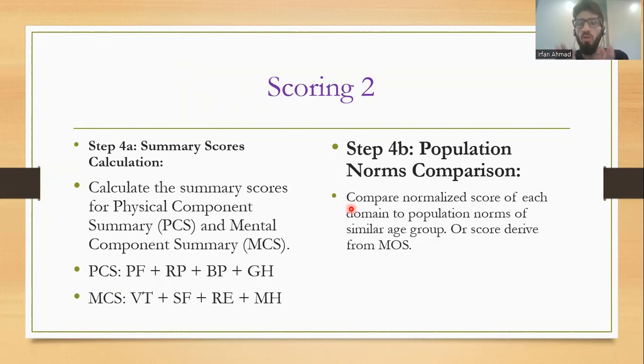If you want to calculate the domain score and compare it with the normal population, or the normal scoring derived by MOS or given by MOS standard. So compare the normalized score of each domain to population norms of a similar age group, or the score derived from MOS. So it depends on your research question, which type of outcome measure or which type of result you are expecting.